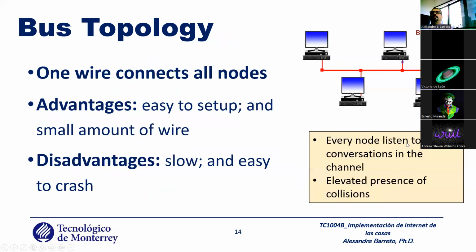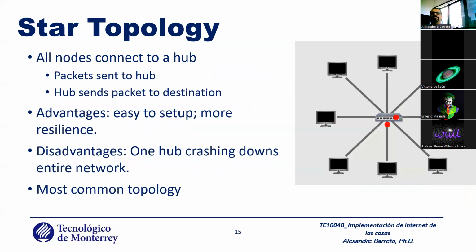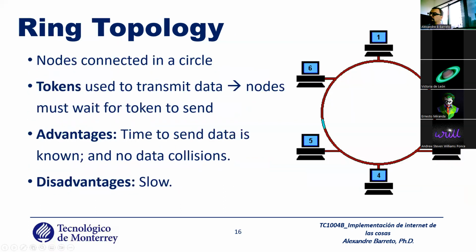Another example, not so common, is the network that connects all the buildings in the city using a fiber ring. Again, when you talk about topology, you talk more about the network, not about the application. Can I answer your question?